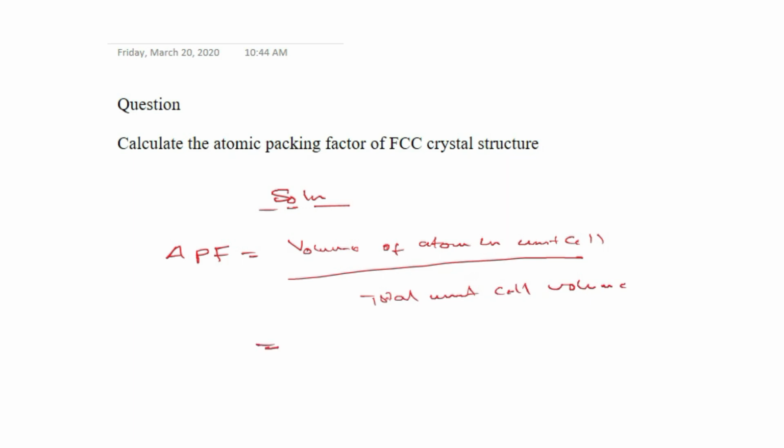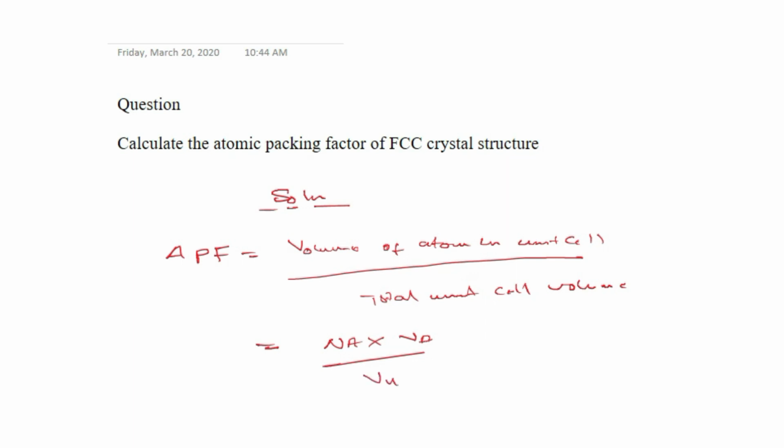And we also say that the volume of atom in unit cell is equal to the number of atom multiplied by the volume of atom, which is Na multiplied by Va, divided by the total unit cell volume, which is Vu.